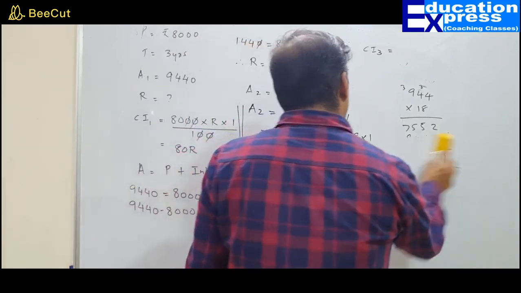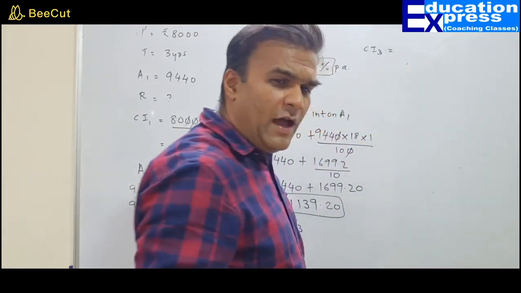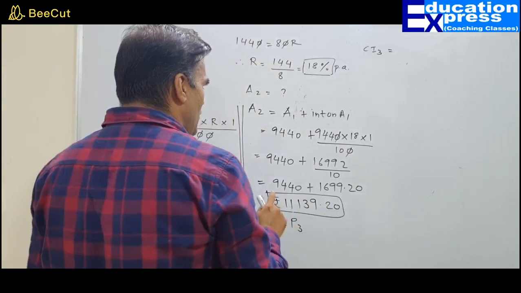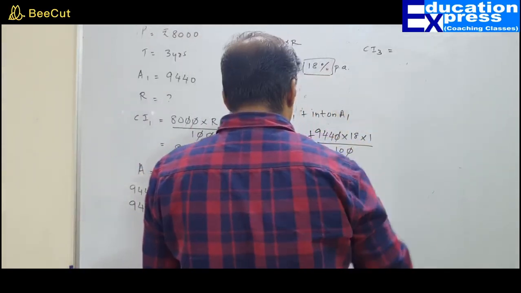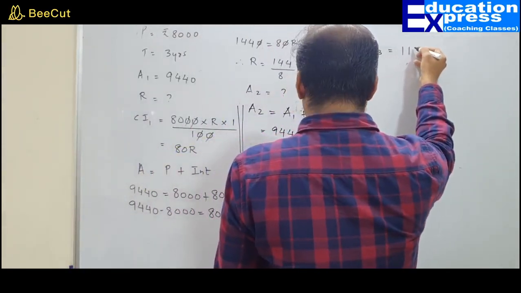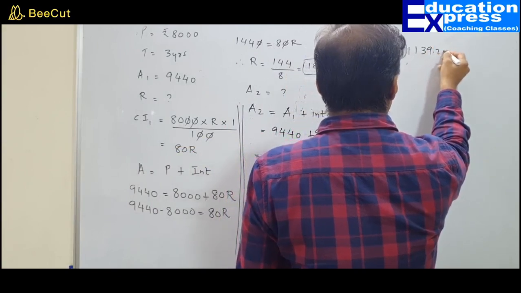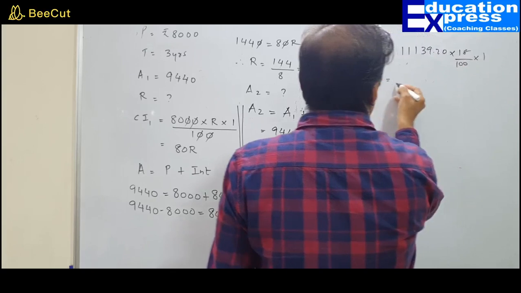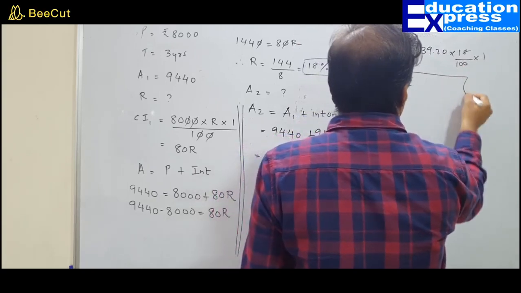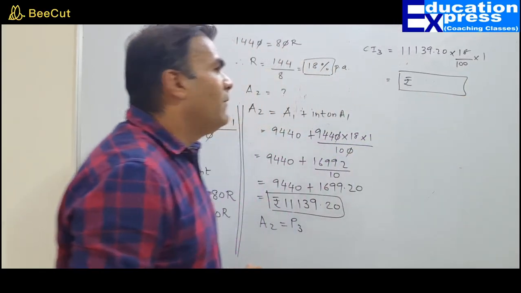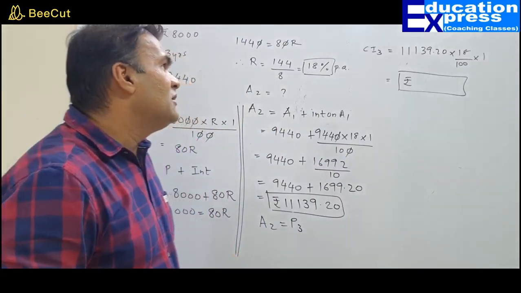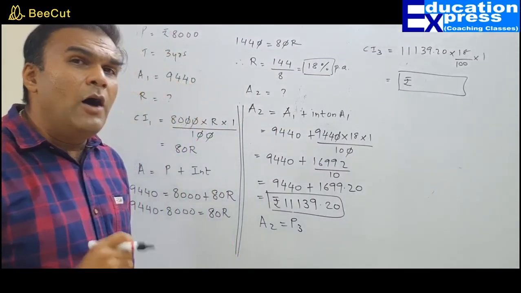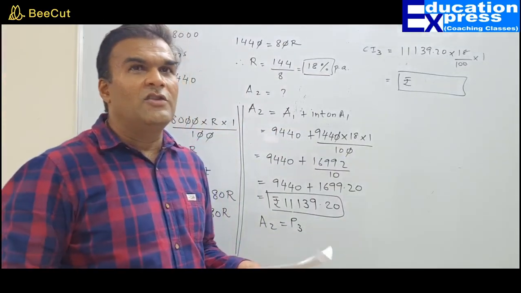So now we have to find interest for year 3. So it will be 11139.20 into 18% for 1 year. Of course, whatever amount you get, that would be your answer of compound interest for year 3.